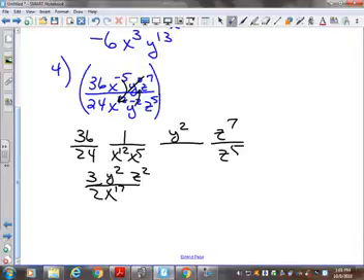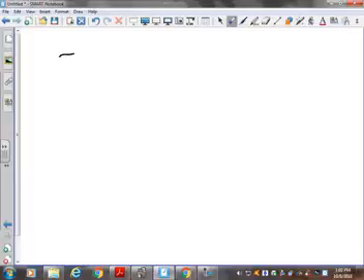And then the last thing that we have hit on a little bit today, but we're going to hit on it with letters, and that is a power to a power problem. And as we look at this power to a power problem, we're also going to focus a little bit more on the fact that it can be fairly involved.